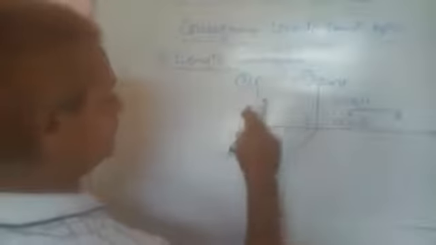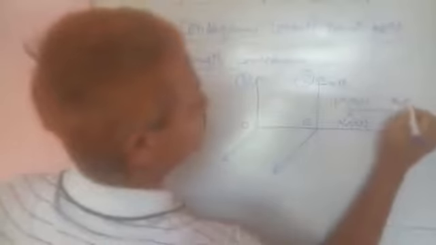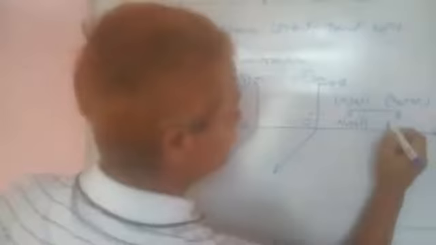For point B, the coordinates with respect to frame S are x2, y, z, t, and with respect to frame S dash the same coordinates are x2 dash, y dash, z dash, t dash. Have you written?